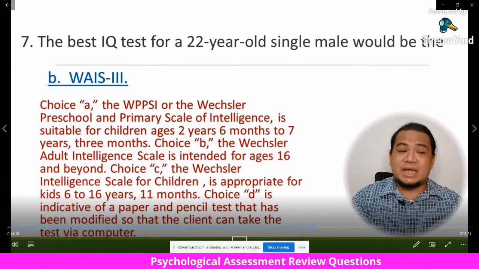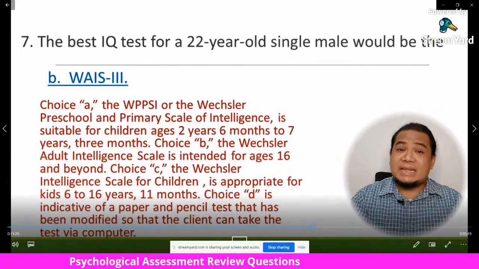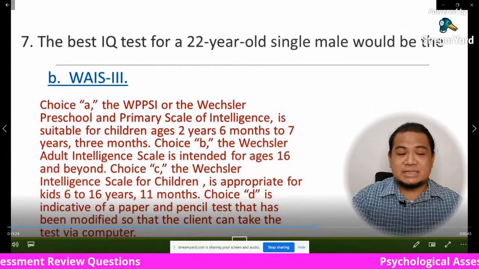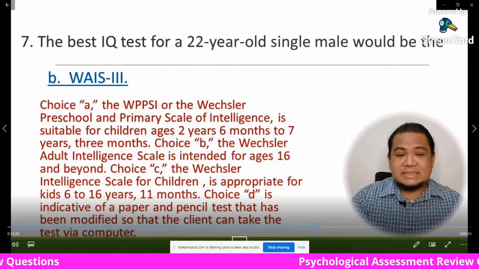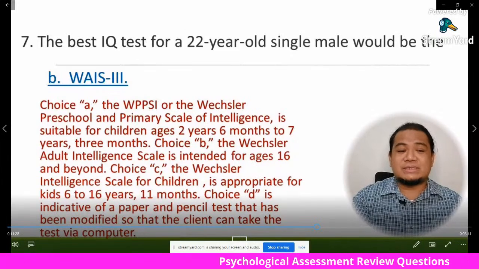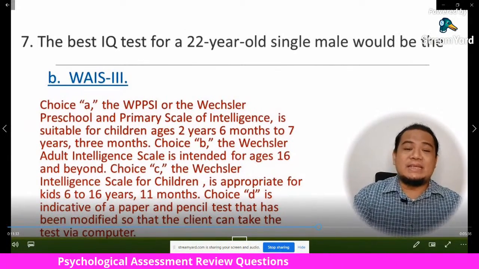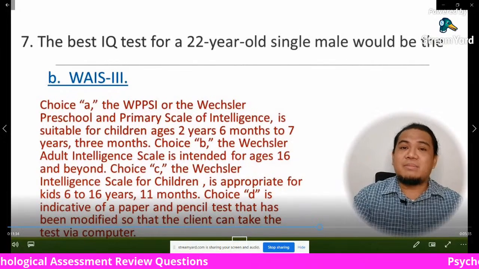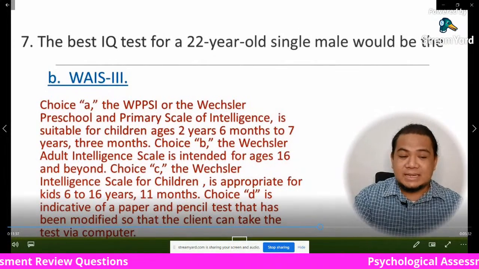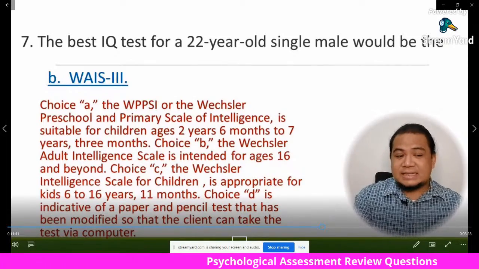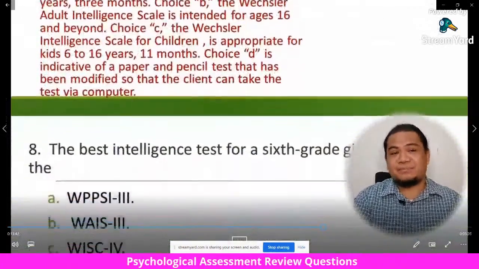Choice B, the Wechsler's Adult Intelligence Scale, is intended for ages 16 and beyond. Choice C, the Wechsler's Intelligence Scale for Children, is appropriate for 6 to 16 years, 11 months. And choice D is indicative of a paper and pencil test that has been modified so that the client can take the test via computer.